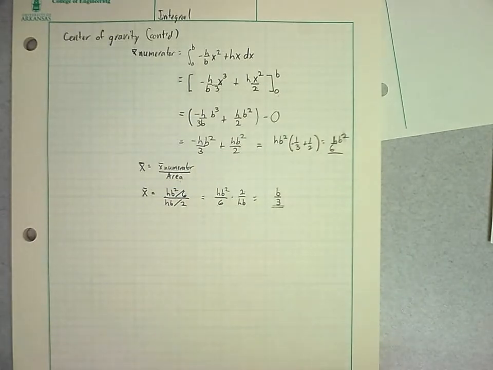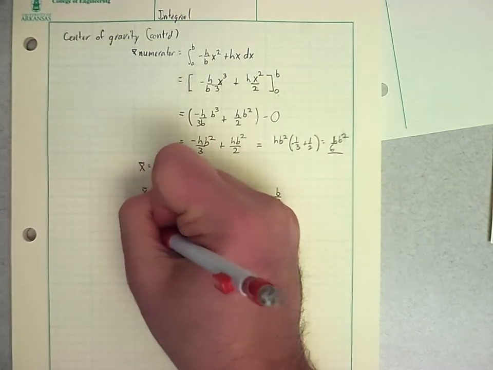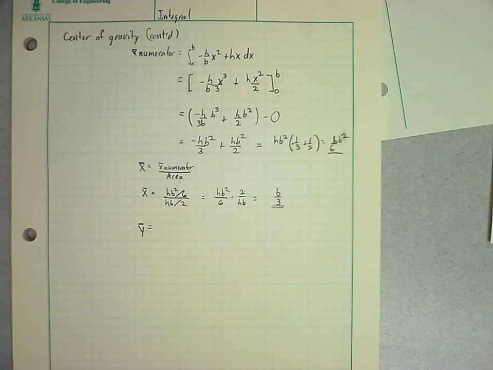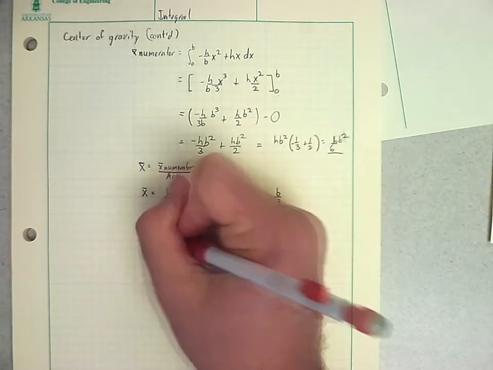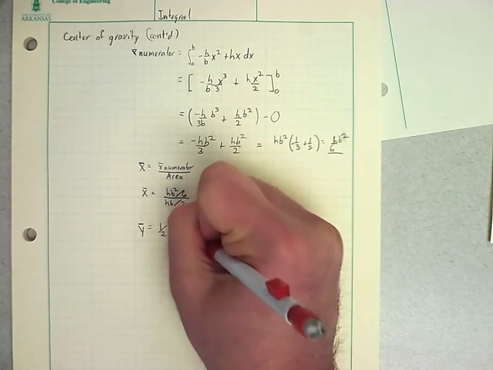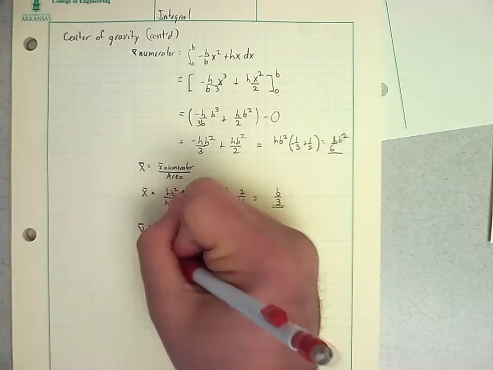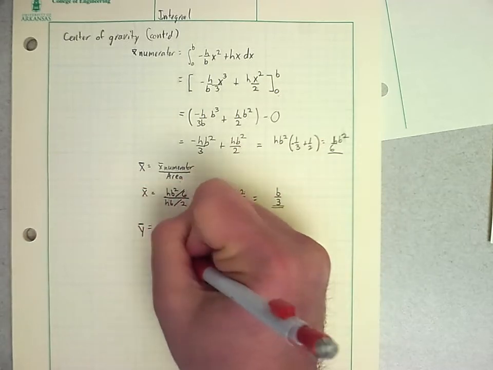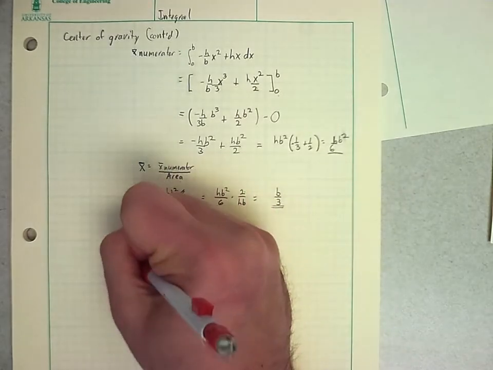All right, but even with all that, we're still only halfway through because we also need to find y bar, the y coordinate of the centroid. And remember again, the y centroid formula was 1/2 times the integral of y squared dx divided by the integral of y dx, which was again area.